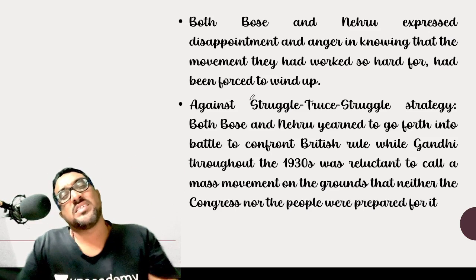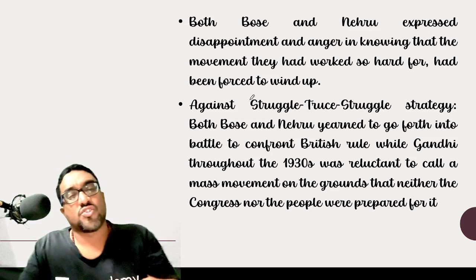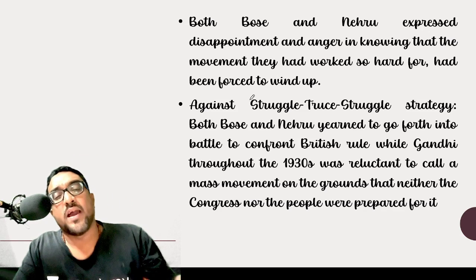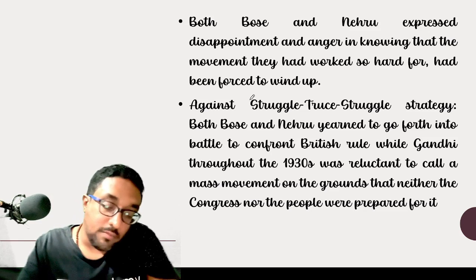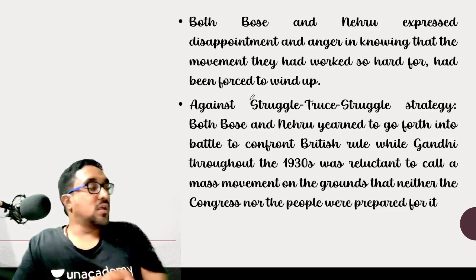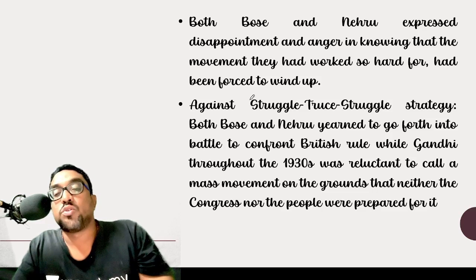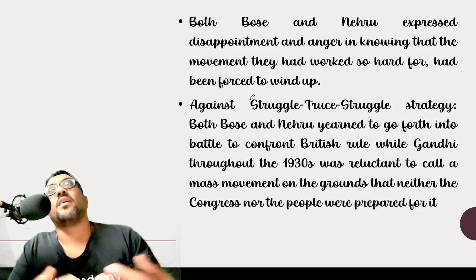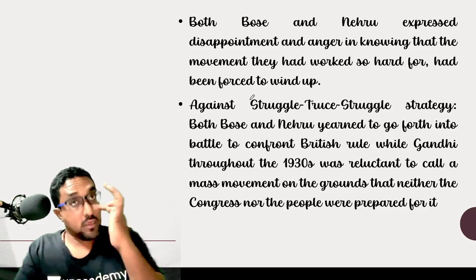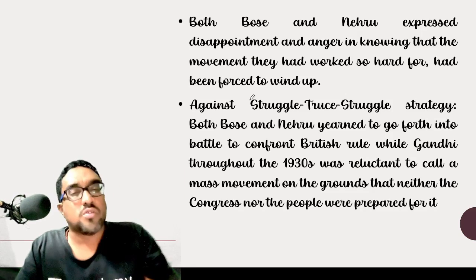Bose was also against this logic of struggle-truce-struggle strategy, because both Bose and Nehru believed in battle to confront. Initially both believed that the British are not people with ethics, so expecting them to respect the struggle-truce-struggle strategy was, according to Bose, not very practical.